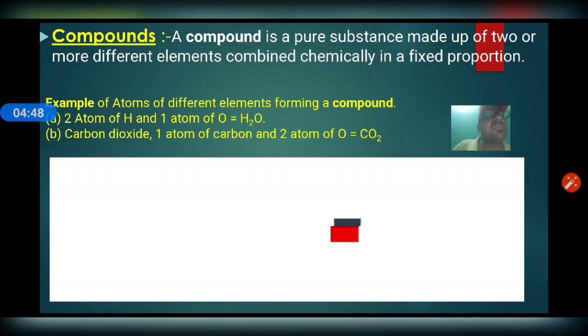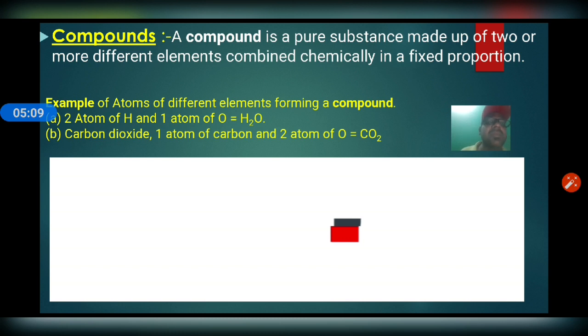In the next classes, 7th and 8th class, we will discuss why they are present in the form of molecules. So two atoms of hydrogen combined with one atom of oxygen produce one molecule, which means one compound, of water.